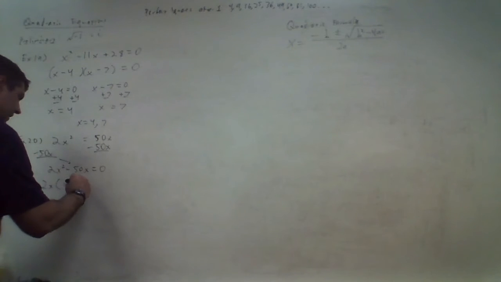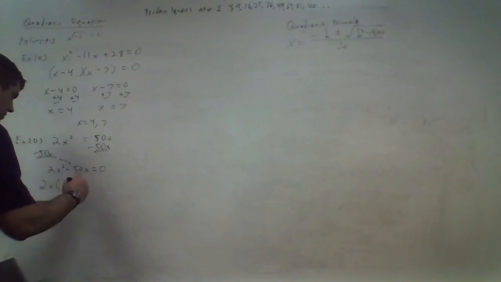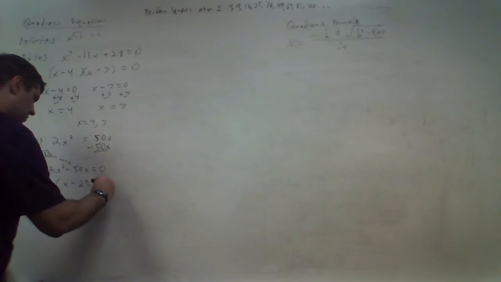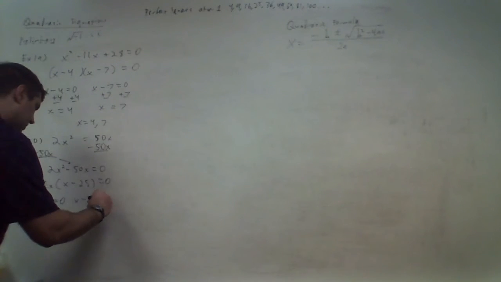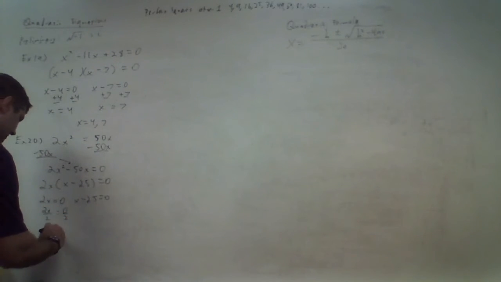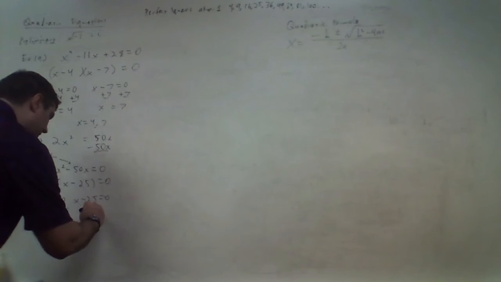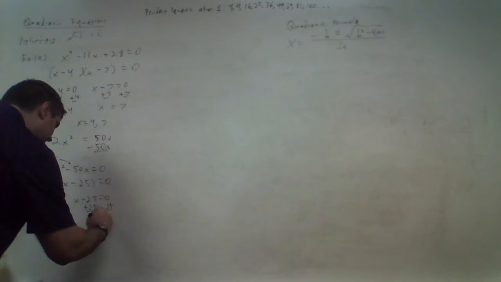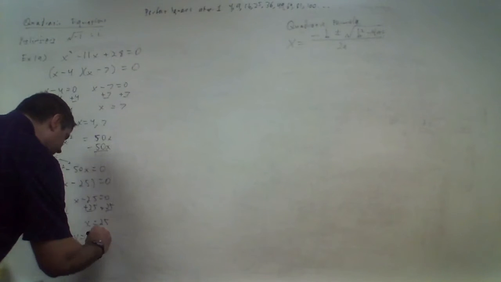So that leaves me an x minus 25 over here. So 2x equals 0, x minus 25 equals 0. Divide off your 2, x equals 0. Okay, over here, add your 25. X equals 25. So x equals 0 and 25.